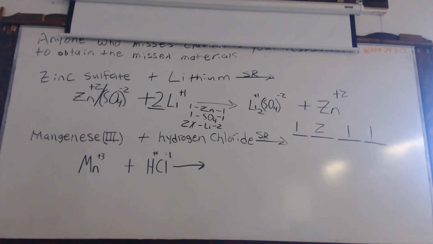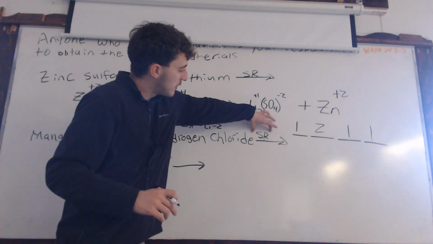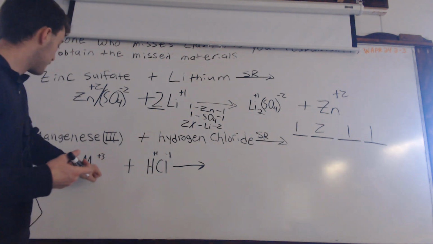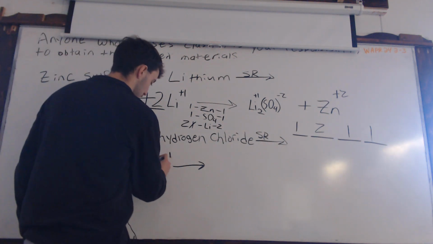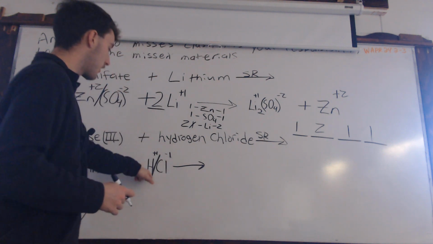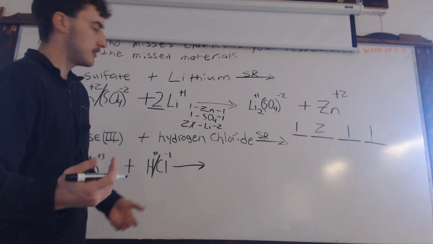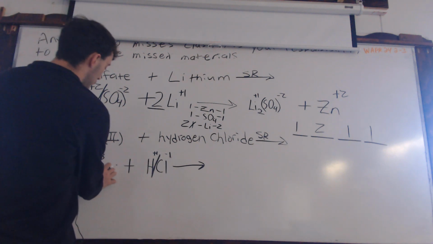All right. So again, this would be a single replacement as shown above the arrow, but we know this because there's 1 lone ion and a compound. So we're going to draw that line, if we need to, to show where our compound will split between the hydrogen and the chlorine. And we're going to switch our 2 positive ions.